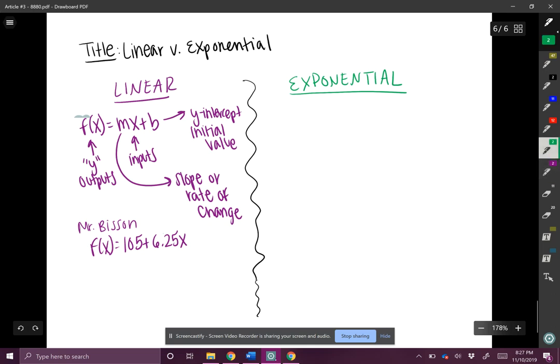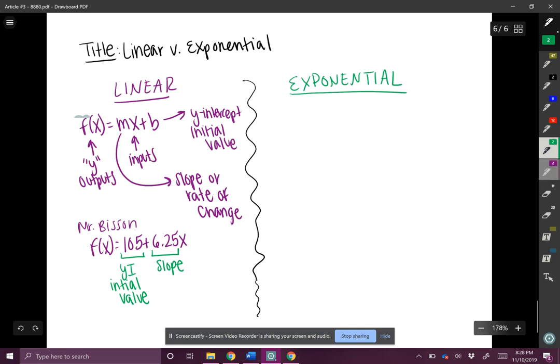And we know that 6.25 represents our slope because it costs $6.25 per detention. That's why it's next to the x. Because for each detention x, we'd have to multiply by $6.25 plus the 105 initial value or y-intercept, because that's what he charged no matter what. Almost like that flat administrative fee that he talked about.